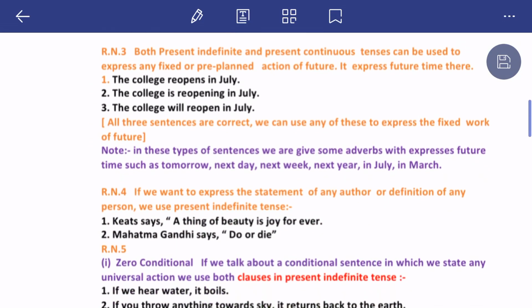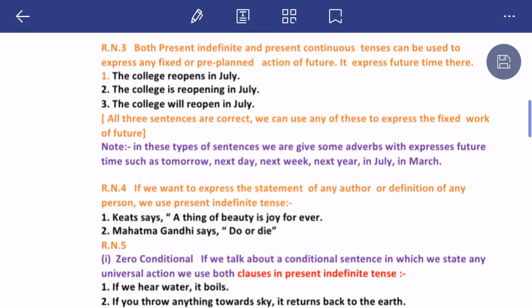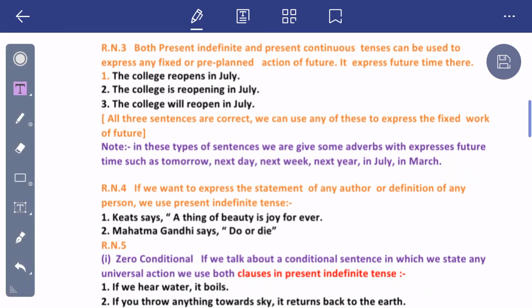Now let us take up rule number 3. What does rule number 3 say? Rule number 3 says both present indefinite and present continuous tense can be used.